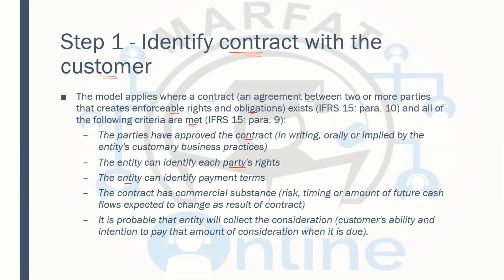The entity can identify the payment terms. You know the 3 essential elements of a contract. Do you remember? The agreement: offer and acceptance. The second was the consideration. If there is no consideration, the contract is not going to be a legally binding agreement. And the third element was the intention to create legal relations. The contract has commercial substance.